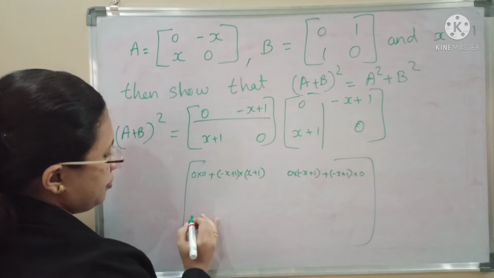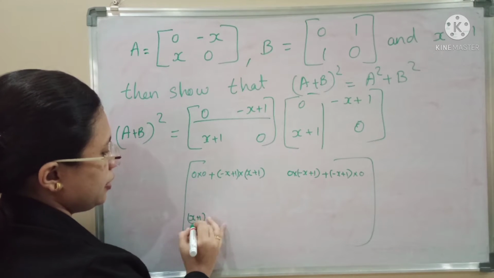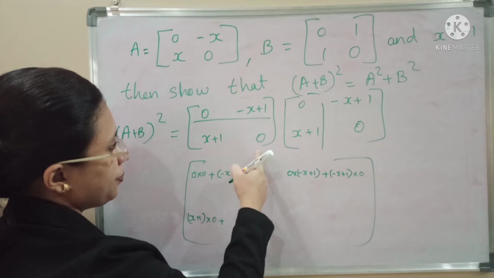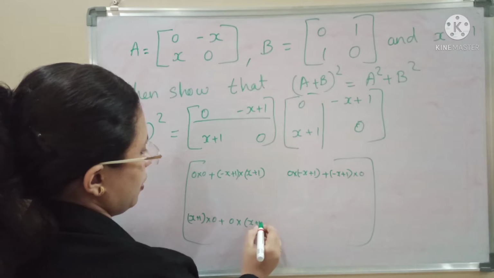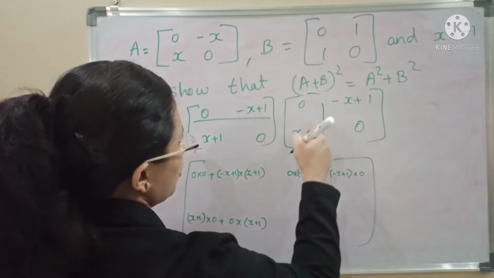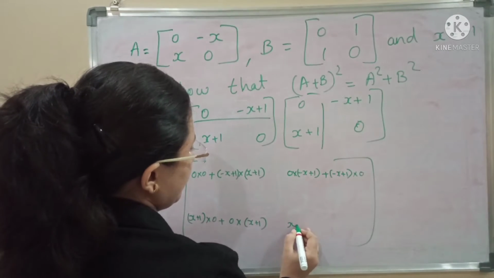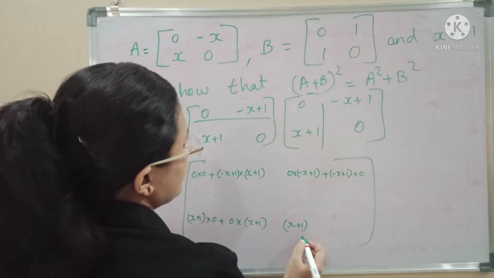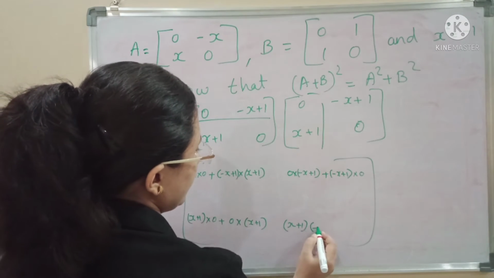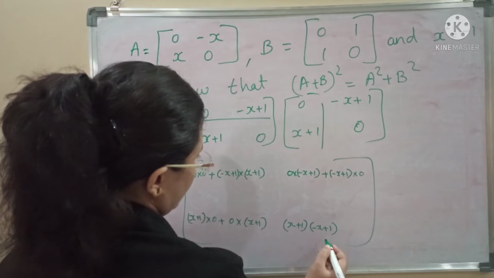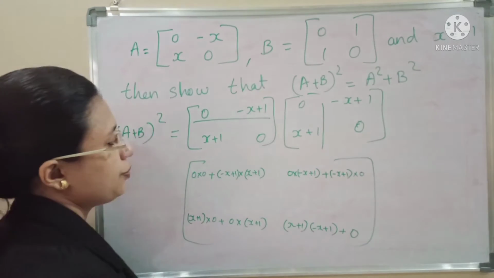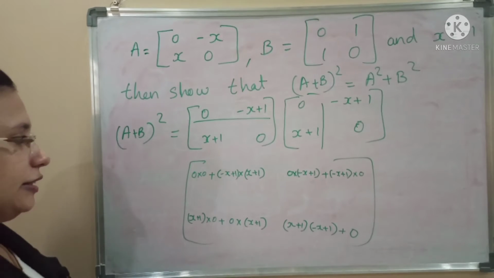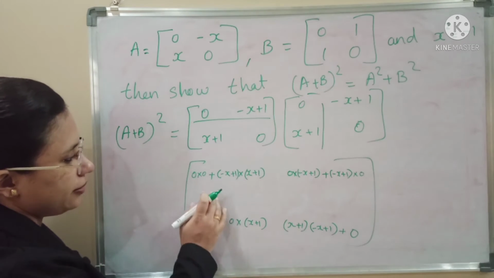Second row, first column, x plus 1 into 0 plus 0 into x plus 1. Now x plus 1 into minus x plus 1 plus 0 into 0 is 0. Fine.